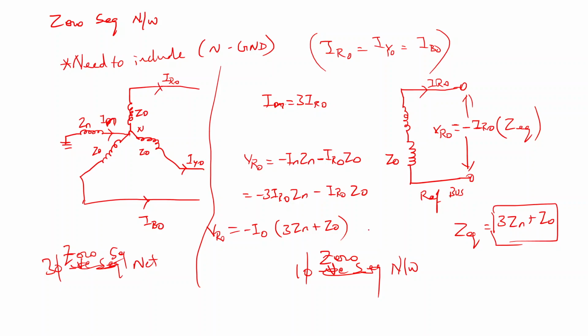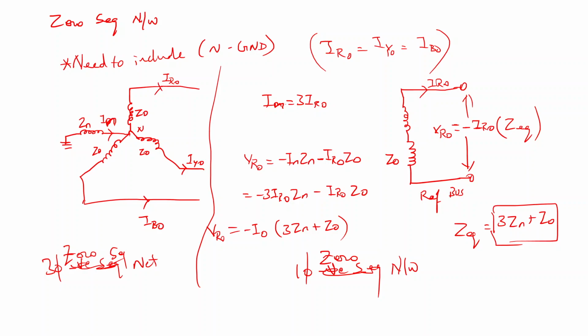So what we did is, for a generator, it is not only one generator that will be there. For a big network there will be more components, but if you are drawing the sequence networks, we need to draw all these three for each and every equipment available in the power system.